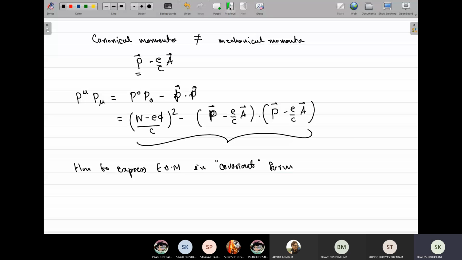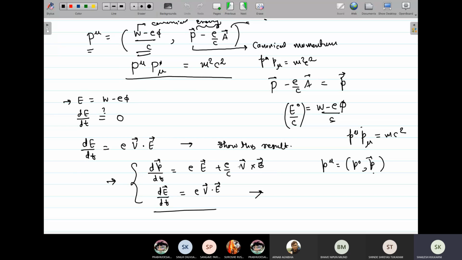You see, these equations are written in 3 vector notation. They are not written in tensorial notation or 4 vector notation. Under Lorentz transformation, any 3 vector, say A, transforms in a different way than a 4 vector, say A mu. A mu transforms like lambda mu nu A nu under Lorentz transformation.